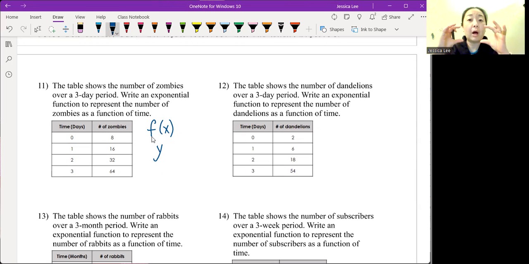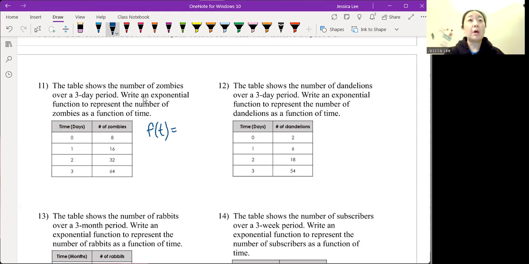So we have the y, and then we have function notation, which is f of x, same thing. In this case, we use f of t because it was a function of time. So f of t is equal to, and this t is basically like our x.